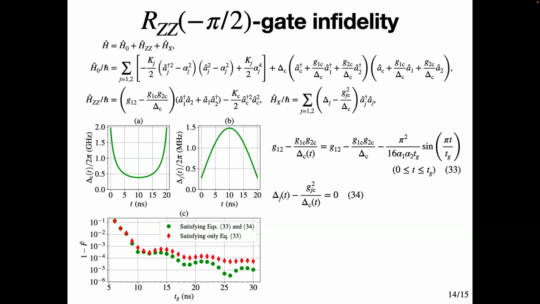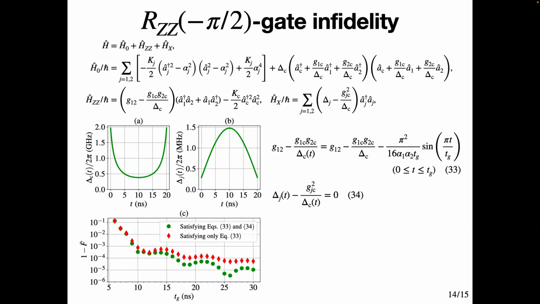And we do not want to apply an Rx gate, so this part is set to 0. So there are 2 equations to satisfy. And from this equation, the detuning schedule is determined like this. And from this equation, the detuning schedule of KPOJ is determined like this.